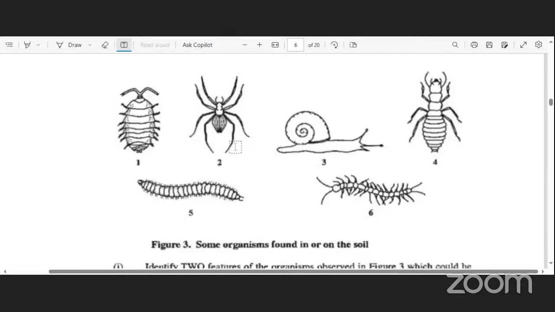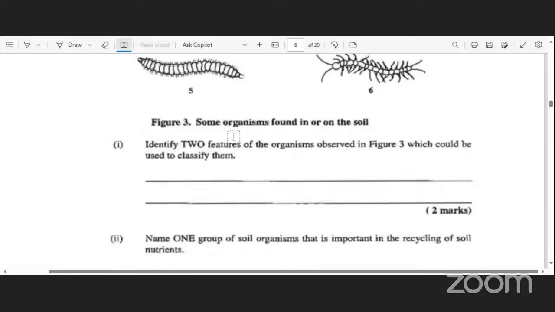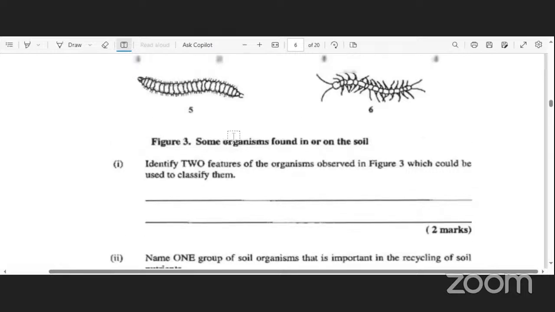The first question: identify two features of the organisms observed in figure 3 which could be used to classify them. Let's go back to the picture with the organisms.